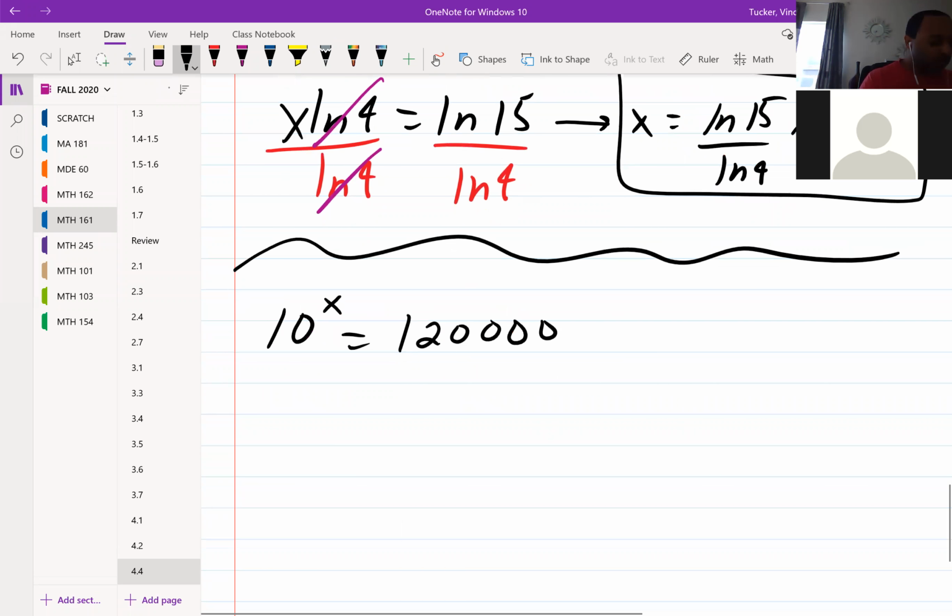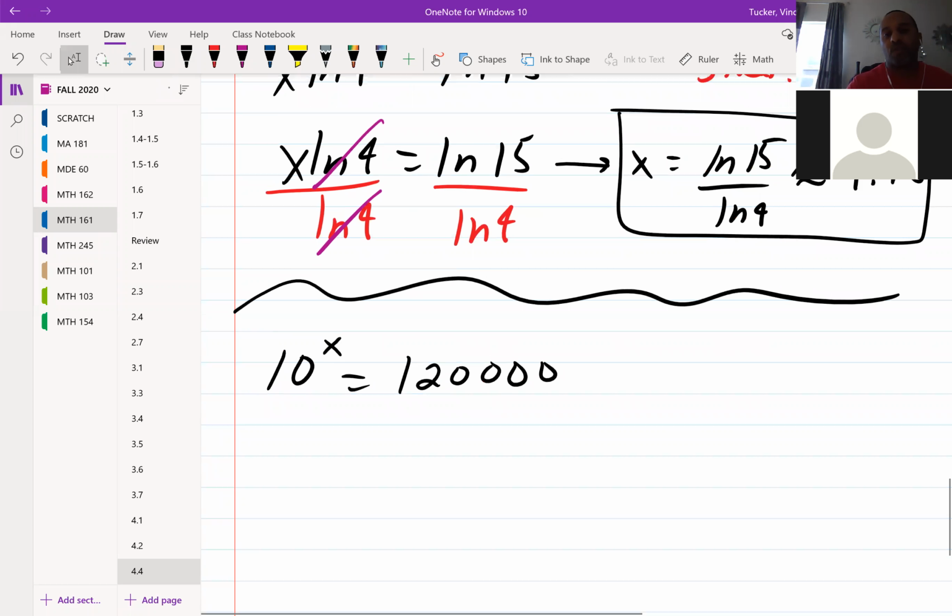So for the next one, 10 to the x equal to 120,000. So in the last one, remember I said it didn't matter whether you use natural log or common log, you still get the same answer. Here, it would be to your best benefit to use the common log. Let me write it like this.